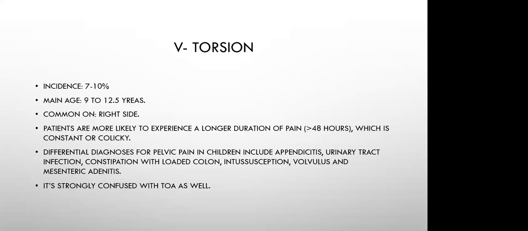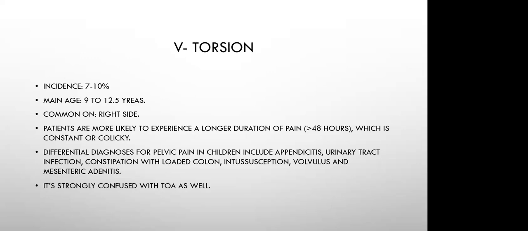So the treatment, one more time, is not oophorectomy. It's not cystectomy at the time of torsion. It's just detorsion laparoscopically, plus or minus ovarian fixation to prevent future torsion attacks again.